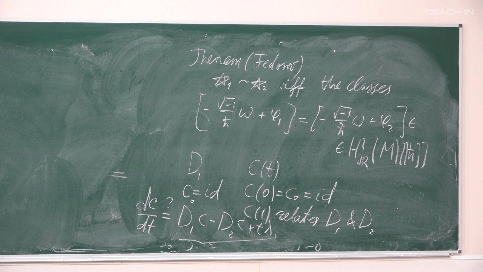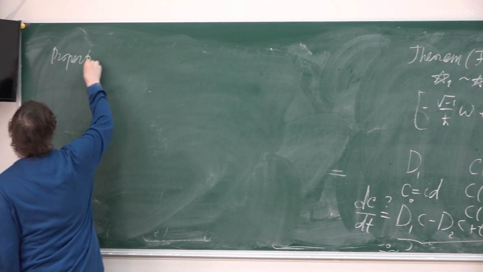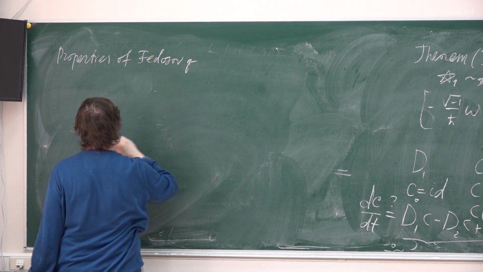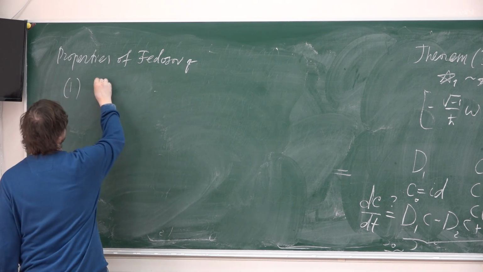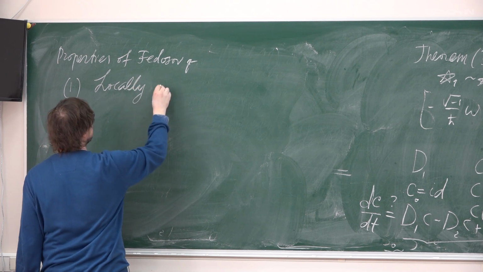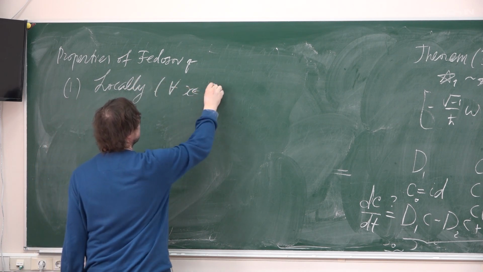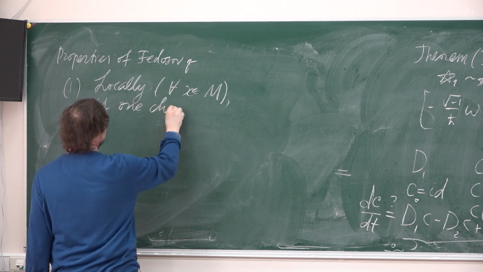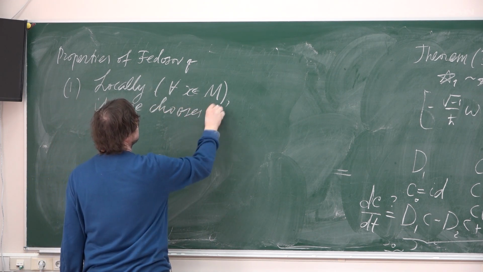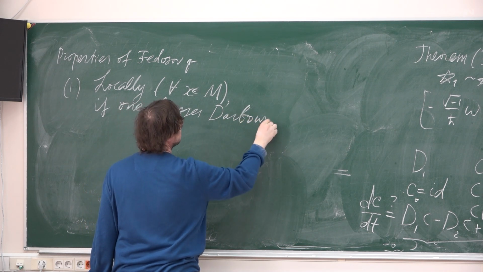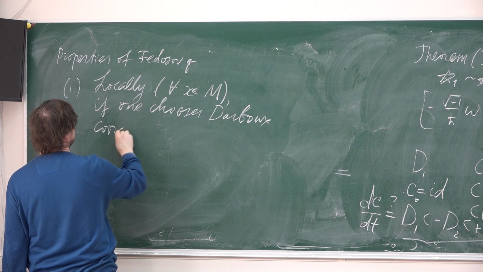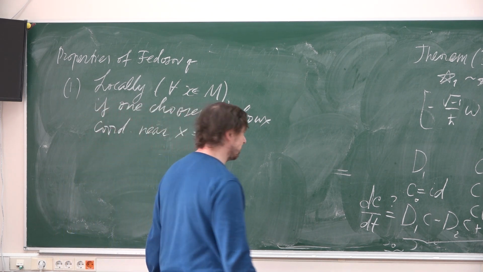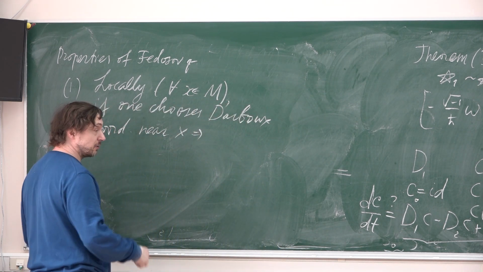For instance, locally, that is, for any point x in M, if you choose Darboux coordinates in the vicinity of x, then you can restrict the Fedosov product to this open neighborhood of x.